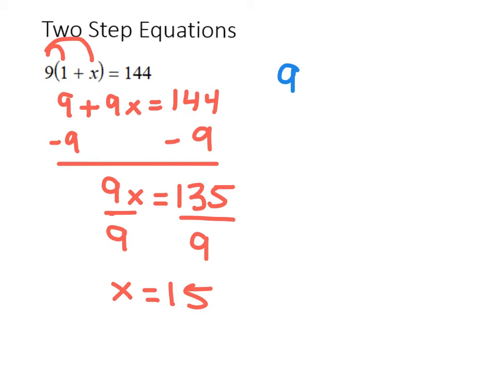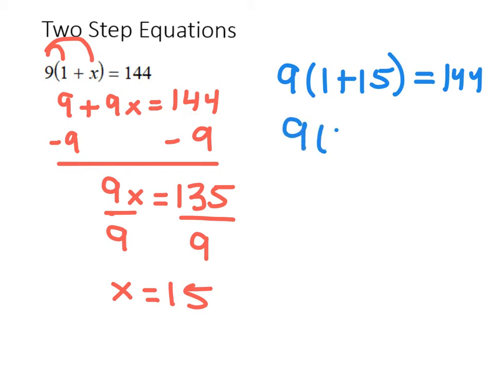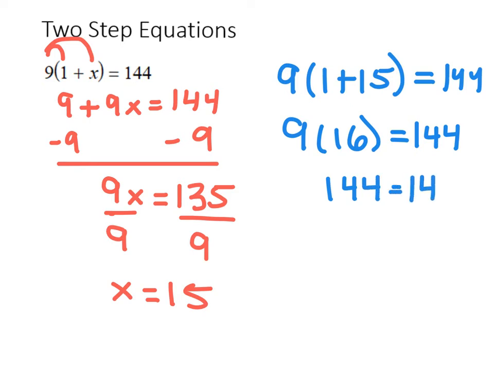So we'll have 9 times parentheses 1 plus 15 equals 144. We simplify, so we do our parentheses first, so it's 9 times 16 equals 144. And then 9 times 16 is equal to 144. So since 144 equals 144, we know that this is our correct answer.